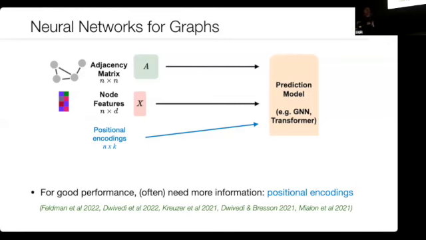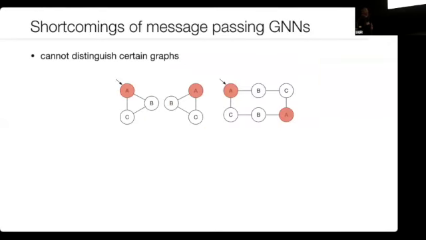So let me first show you why you would care about it. If you use these message passing neural networks, one shortcoming is that they have very little information about where a message is coming from if you do multiple hops. So basically they cannot distinguish a pair of graphs like these two. The first is actually two graphs, it's disconnected. The second one is that long loop.